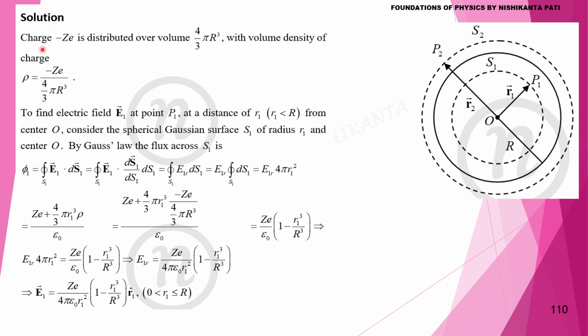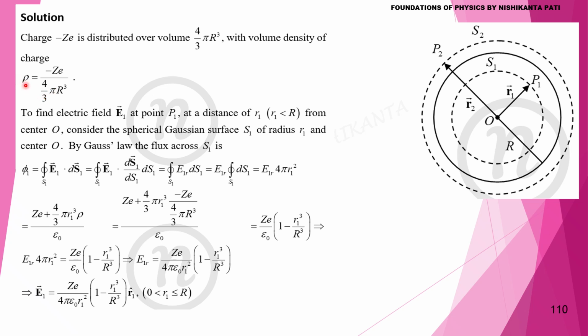Rho is charge per unit volume. Rho is negative charge per unit volume. Actually, the negative charge minus Ze occupies this region. Its volume is 4 by 3 pi R cube.